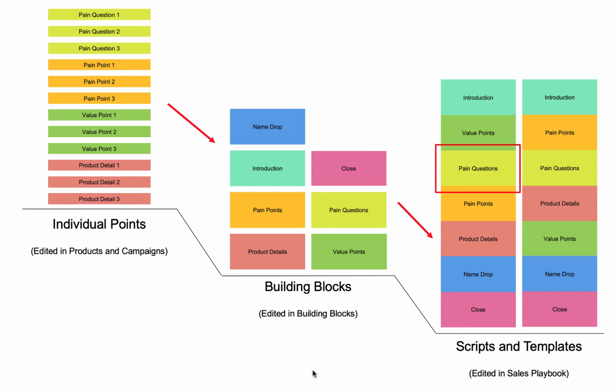When you do that, that block of that particular document becomes customized and it becomes protected from changes upstream. For example, any changes you make to the pain questions building block or to the individual pain questions in the Sales Message Builder will not flow to that particular document.